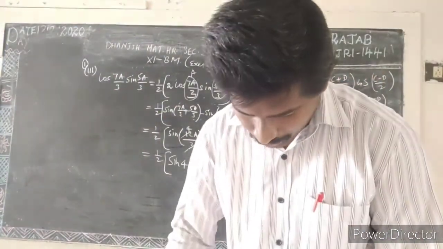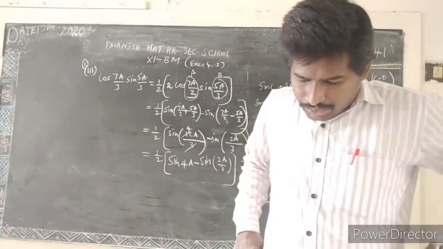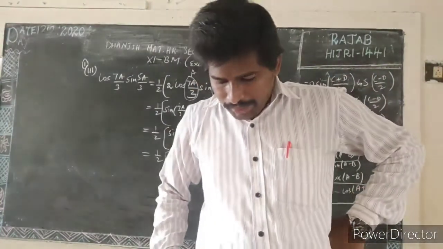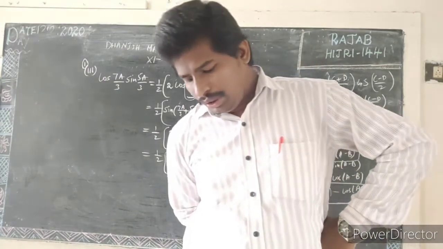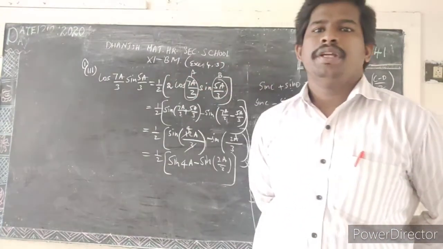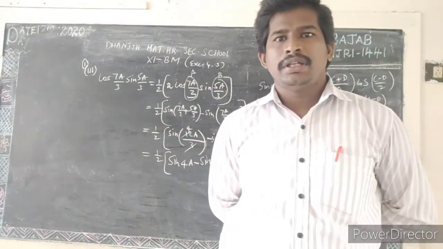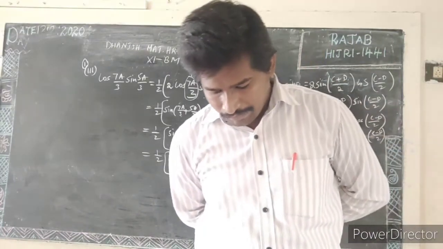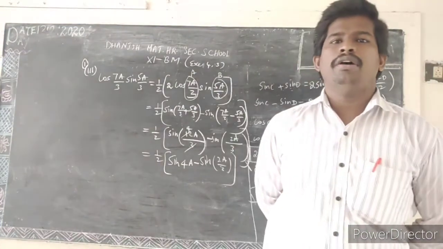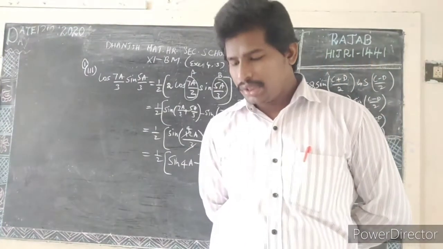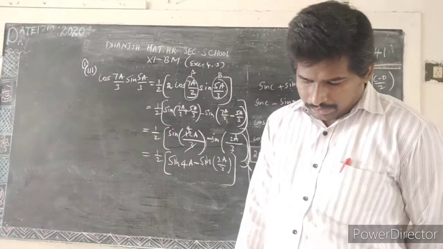Now look at the second one. Express each of the following as the product of sine and cosine. Here we are going to do the reverse thing. Here we are going to express the given sum or difference as the product of cosine or sine. Okay. Now, our first one.